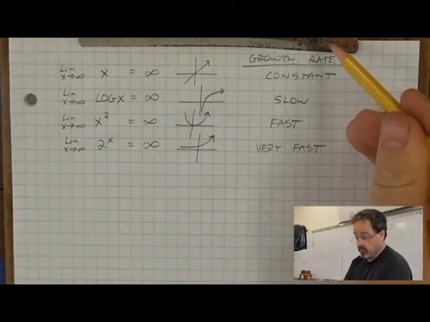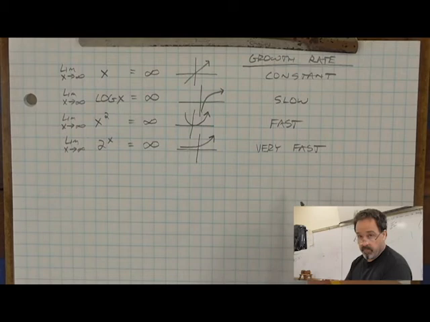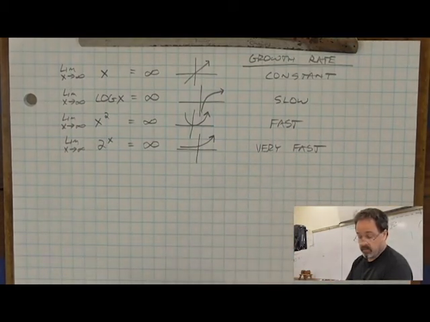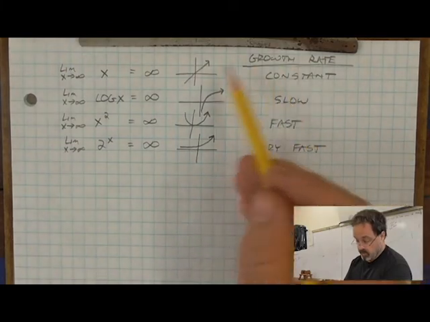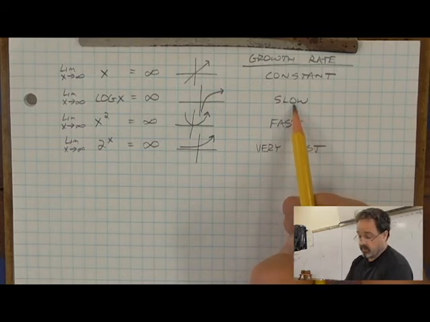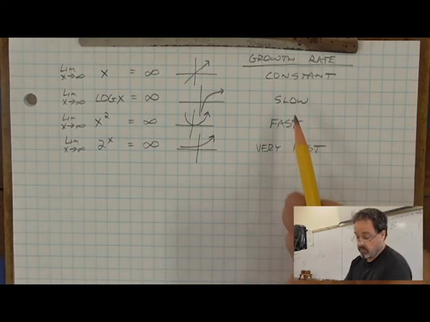And comparing these growth rates is also thinking about which functions dominate others. Of these 4, the log grows the slowest. As x increases, the rate at which the values of log increase is slow compared to the others. The other functions dominate the log.